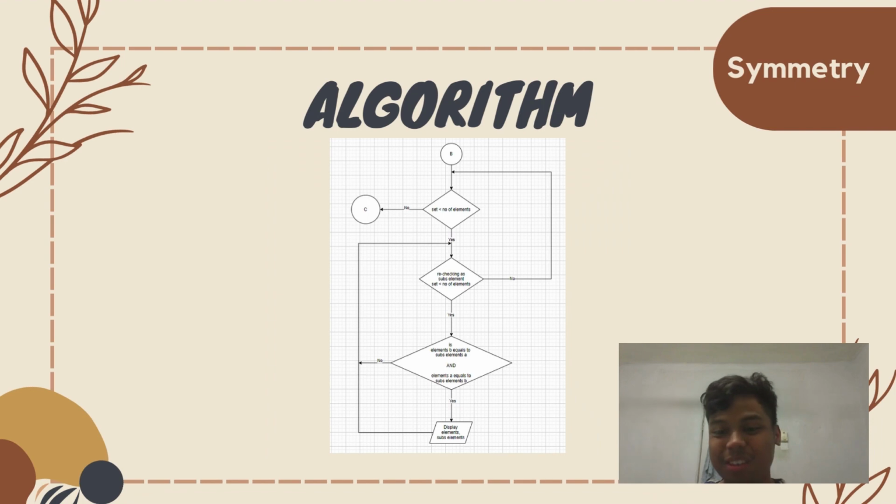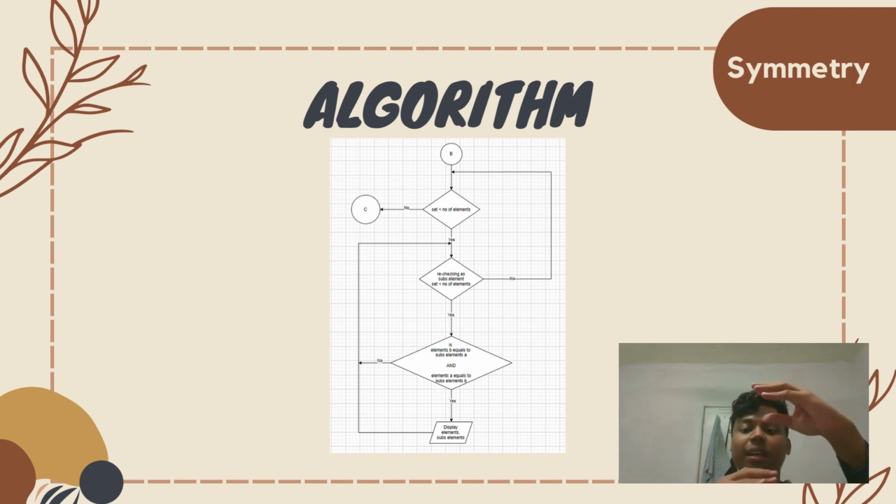Right now, the second algorithm will be to find the symmetric relation of the elements. First things first, we start with the looping, with the condition of whether the set is less than the number of elements. If yes, then we make another loop inside of it for the sub element.